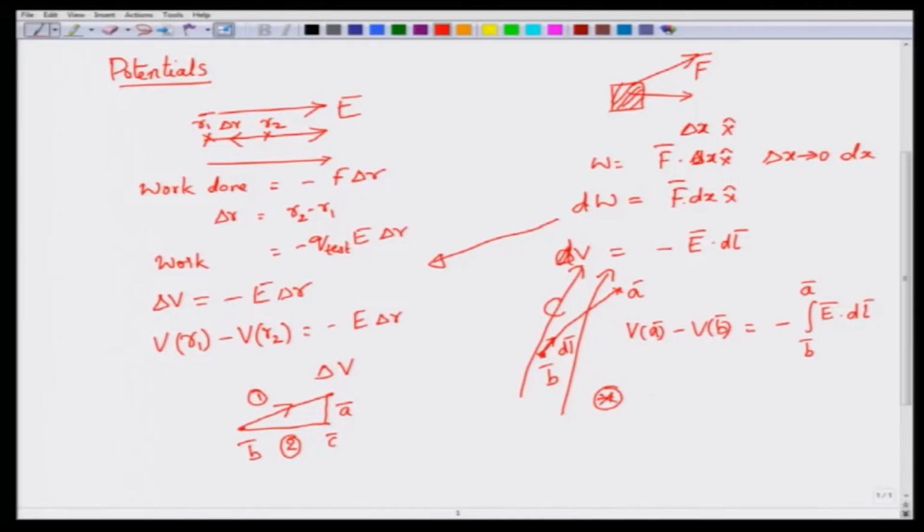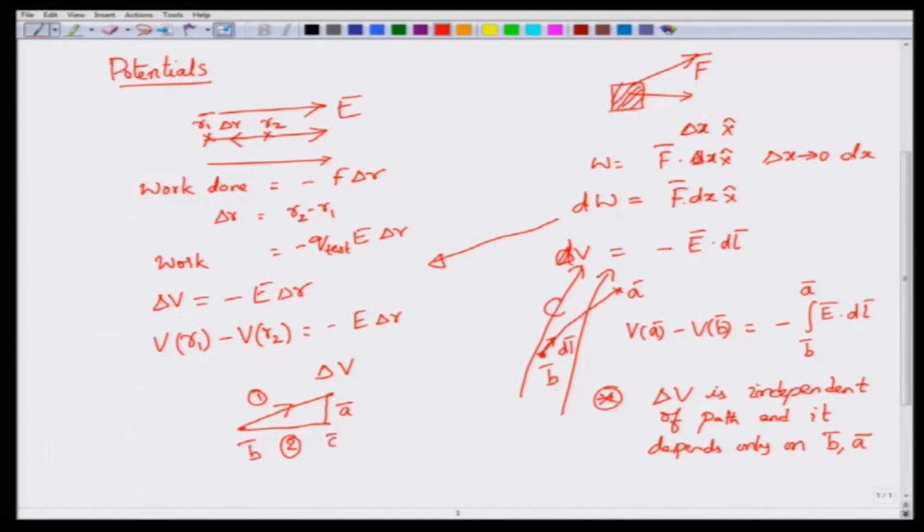Let us mark it down. Delta V is independent of the path, and it depends only on the endpoints. You could choose any path and this will depend only on the endpoints.